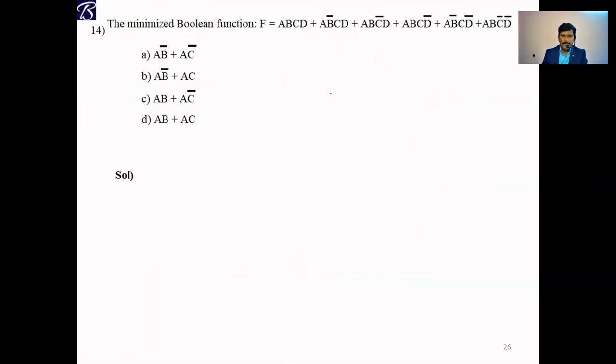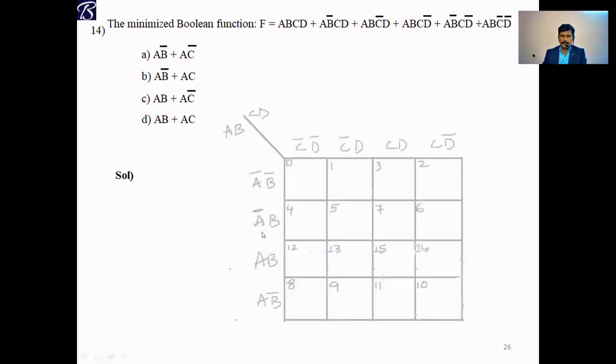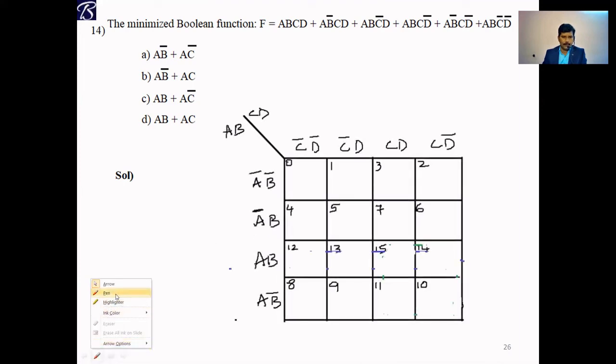We need to find out the minimized expression for the given Boolean function. ABCD is this one. A B bar C D is this one.